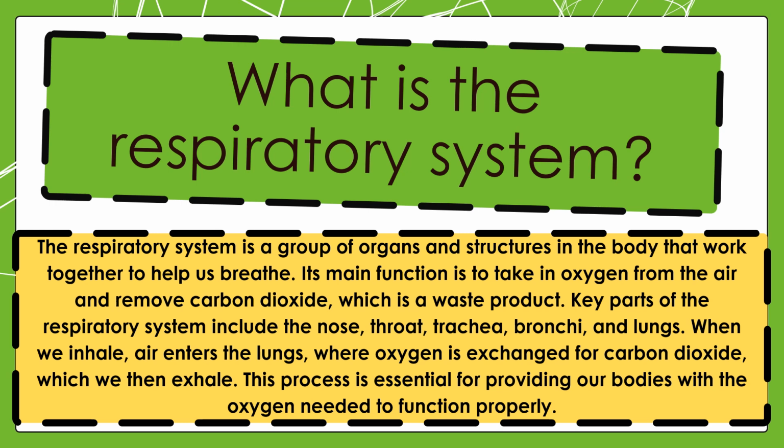Key parts of the respiratory system include the nose, throat, trachea, bronchi, and lungs. When we inhale, air enters the lungs, where oxygen is exchanged for carbon dioxide, which we then exhale. This process is essential for providing our bodies with the oxygen needed to function properly.